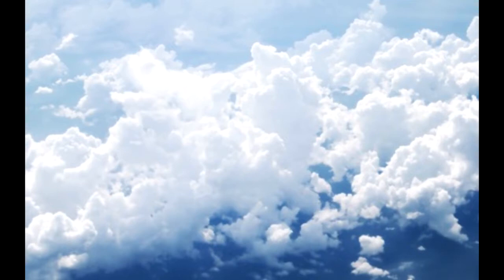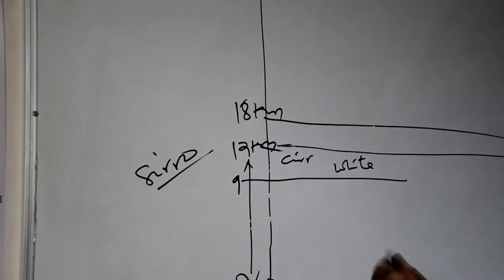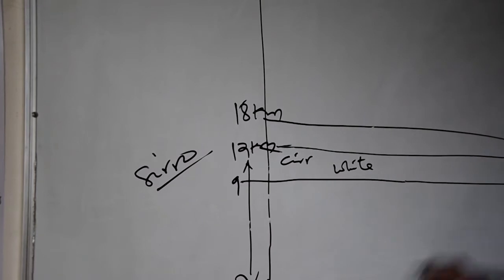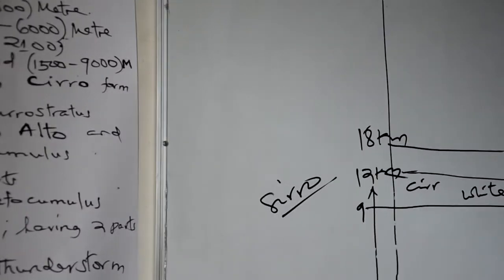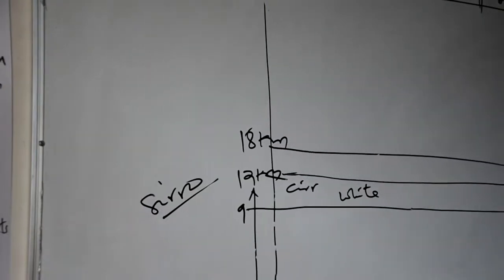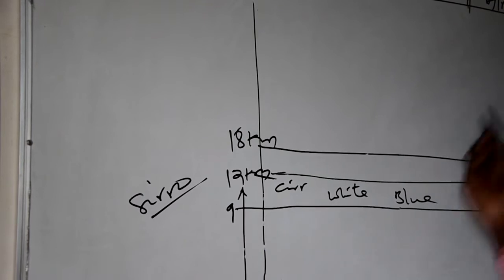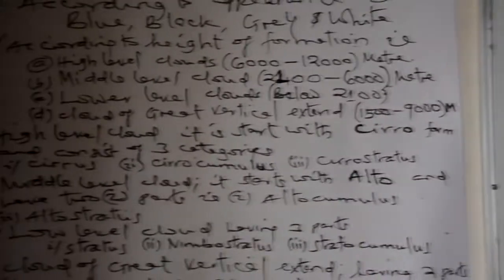Therefore, cloud formation at high level can be white in nature or feathery in nature. But there is also cirrostratus. Cirrostratus is part of high level cloud formation and is blue in nature. Therefore, you can see that some clouds are blue in nature and are very far away from the surface. Middle level cloud starts with the prefix alto.